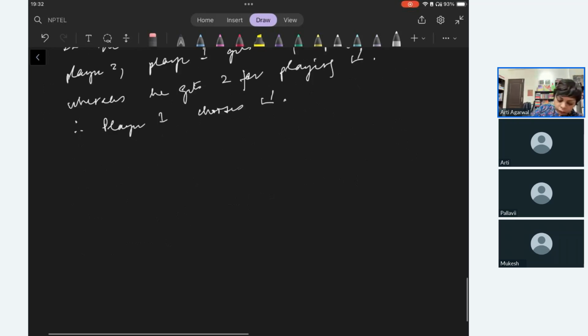Therefore, L prime R comma U is an equilibrium.